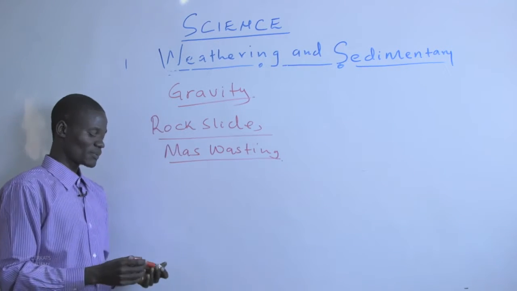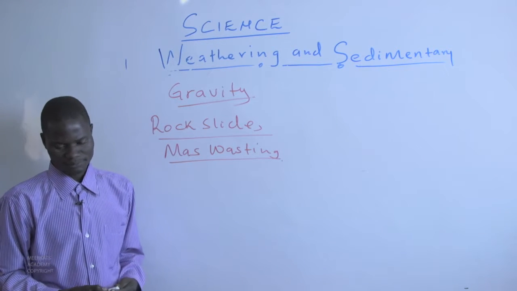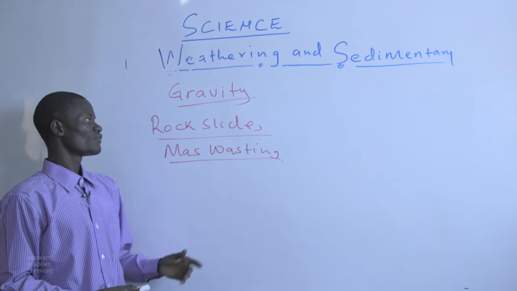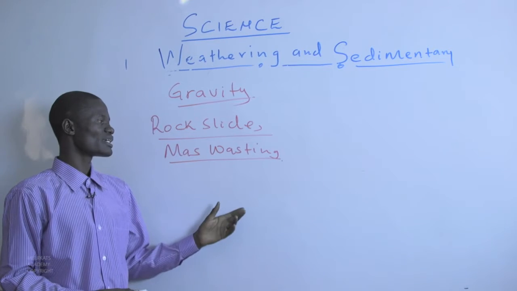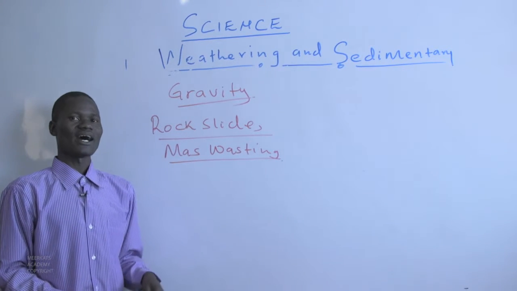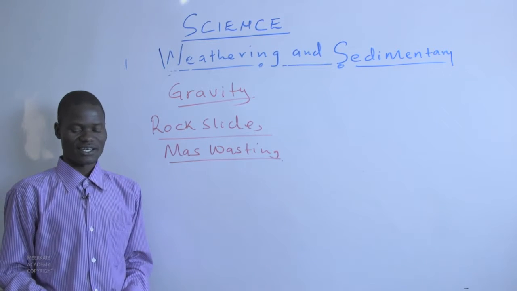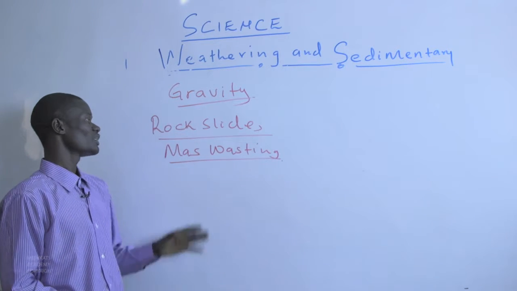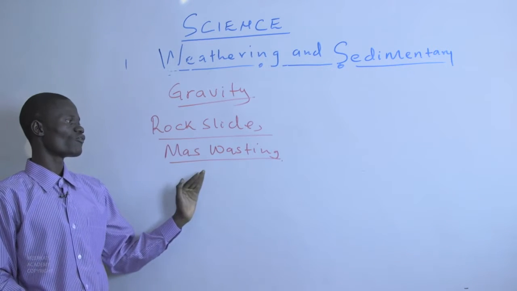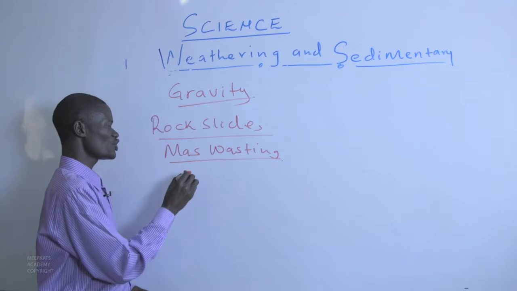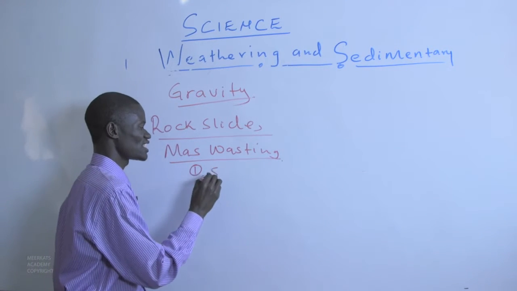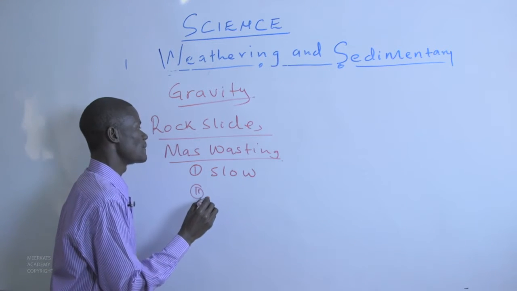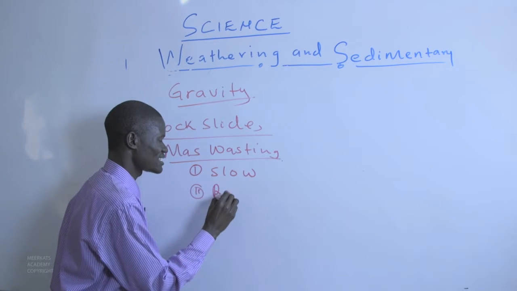This is the process that we refer to as the movement of rock materials or debris down the slope under the influence of gravity. And we will have different movements of what we call mass wasting. There are movements of debris that are very slow, and there are those that are rapid.